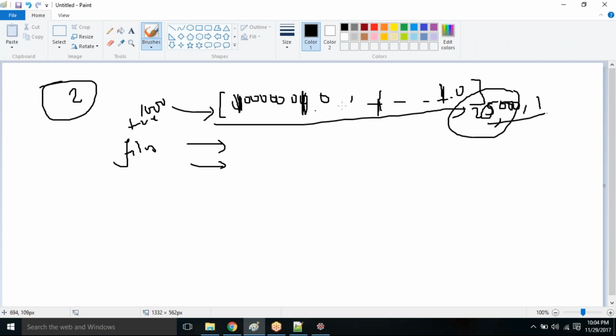Whenever a word comes up, you put it somewhere in this 25,000 dimension. So 25,000 dimension it is, and only those words carry one or two or three which are related.